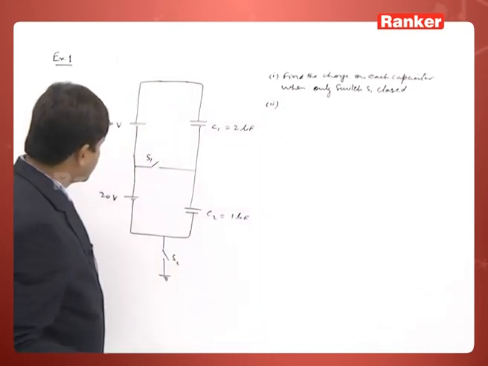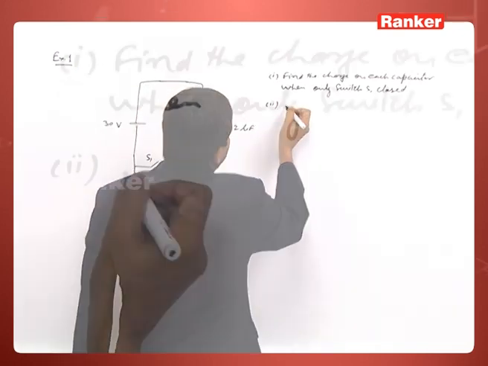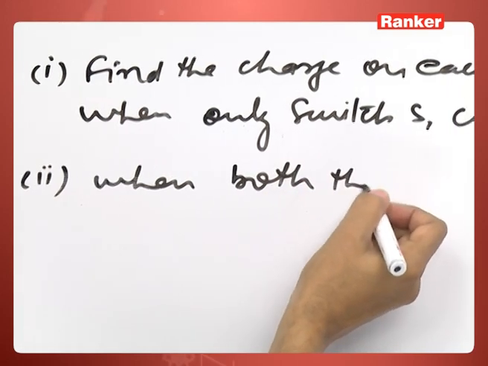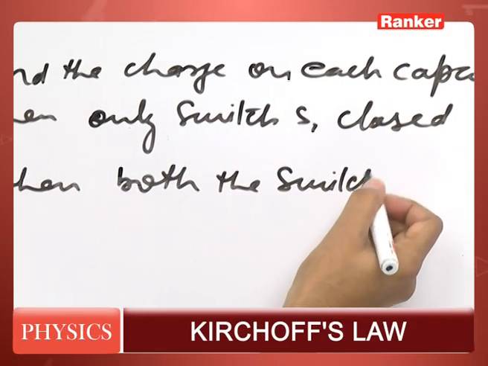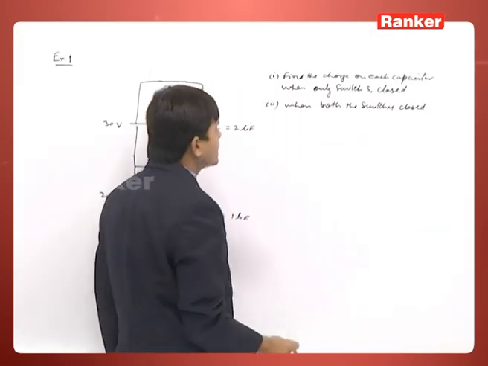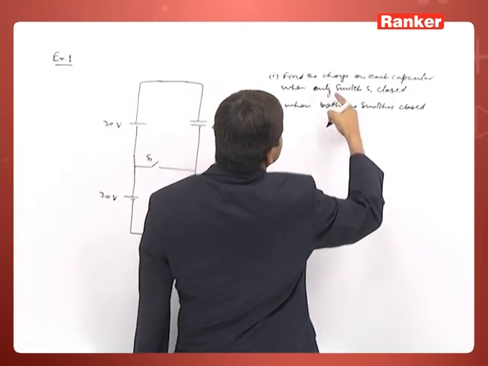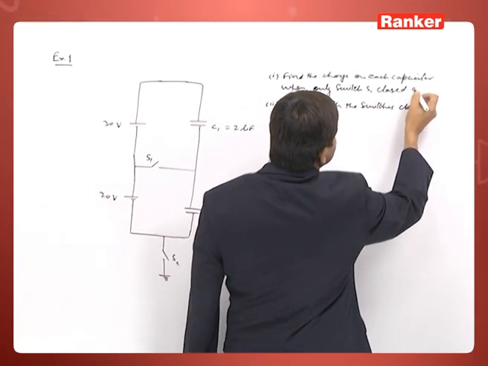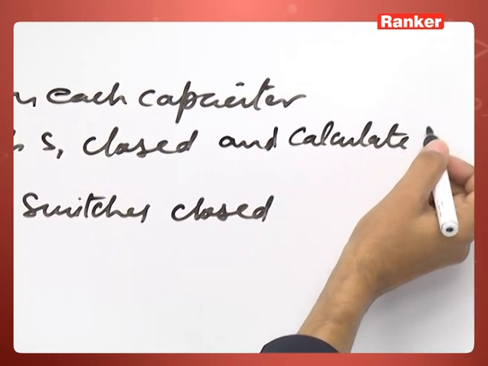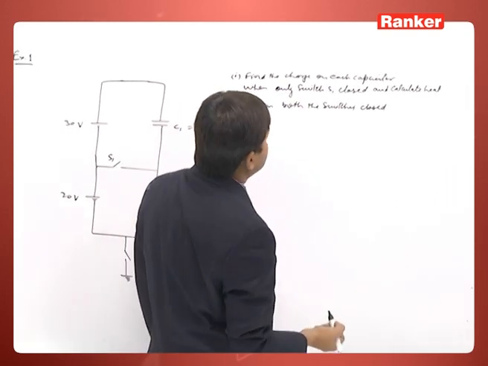In the second part, we can say when both the switches are closed. As well as we can include one more point here. Find the charge on each capacitor when only switch S1 is closed, and calculate the heat during the process of flow of charge.